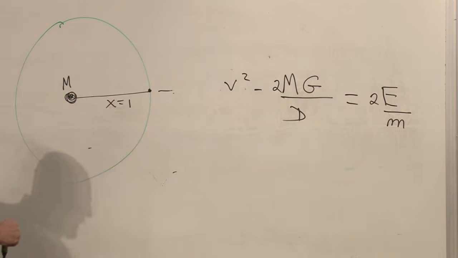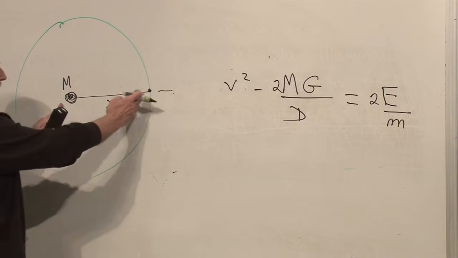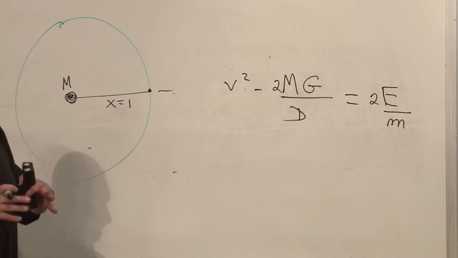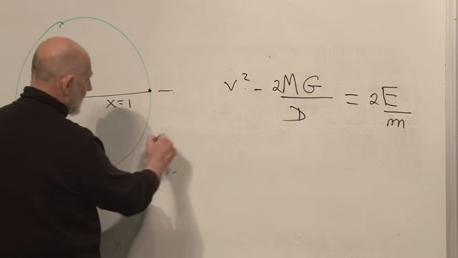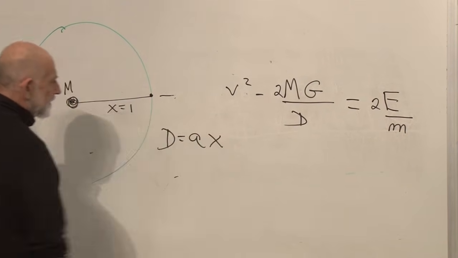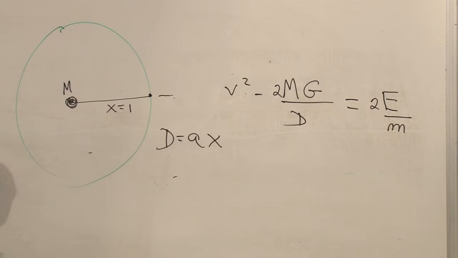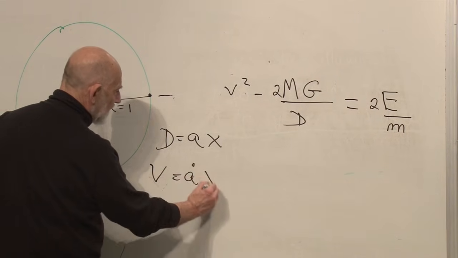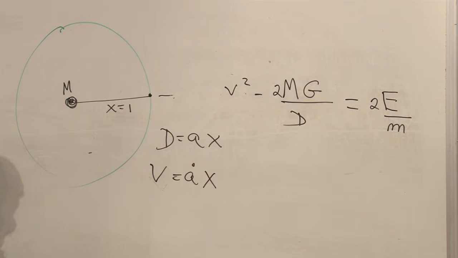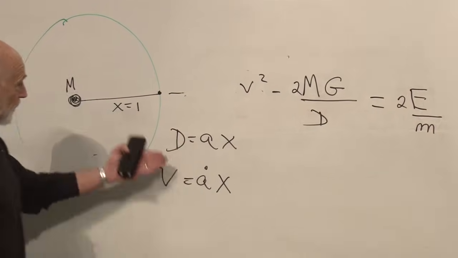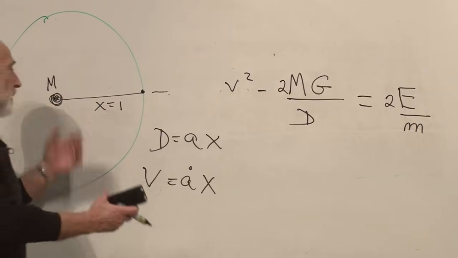Now, what about the velocity? If this is the galaxy at x equals 1, then its distance is a times x. The velocity is a dot times x. And so now we can just plug that in here. And x is 1. I've chosen x to be 1, so it's very simple.